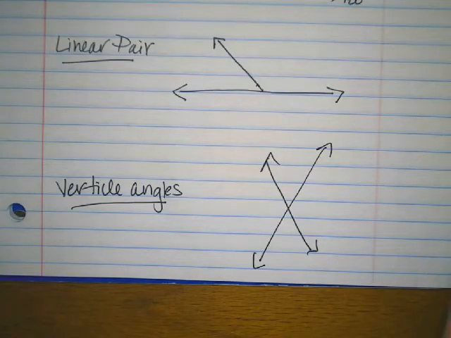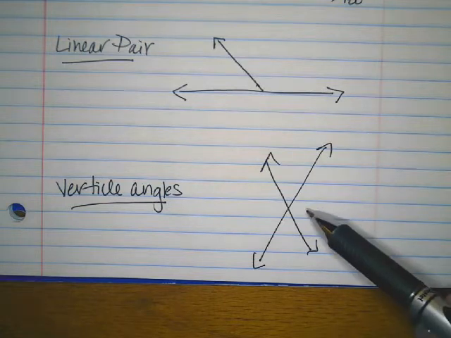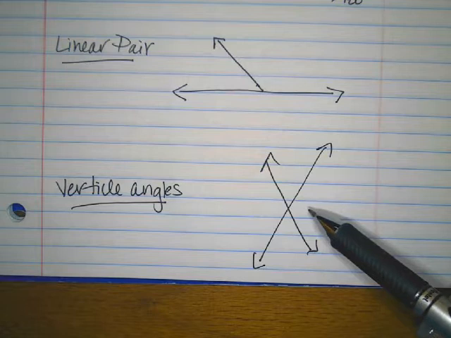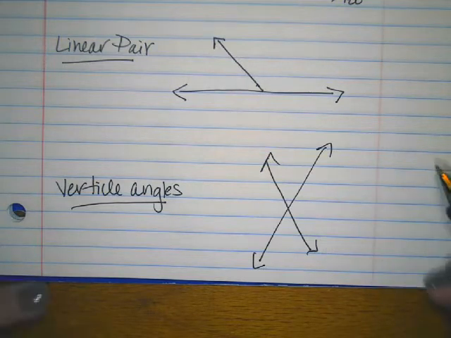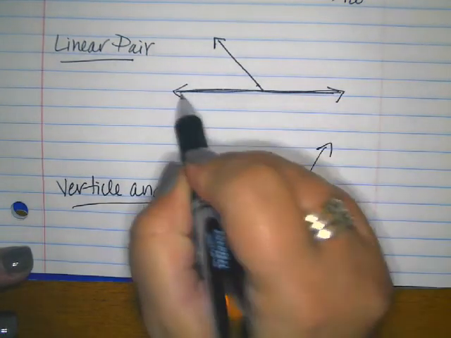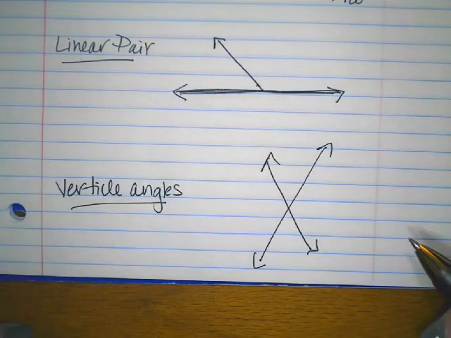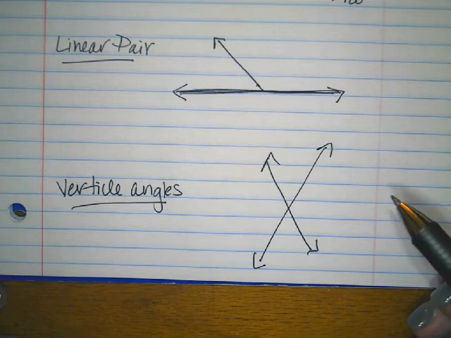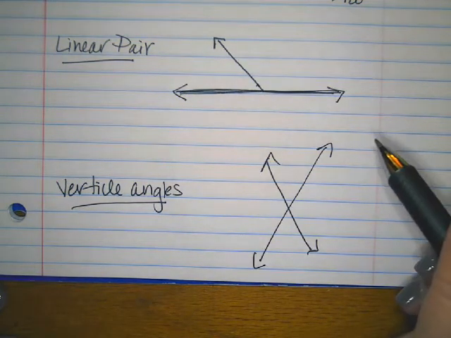The last part of our notes before we do a couple of examples is to talk about what a linear pair is. A linear pair is created when I see two angles that form a straight line. That might look really familiar to you because that's also supplementary. But remember, supplementary could also not be adjacent.